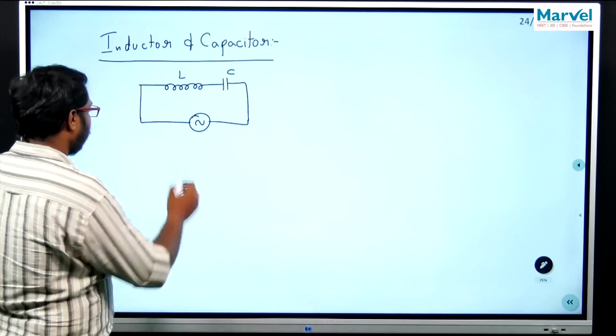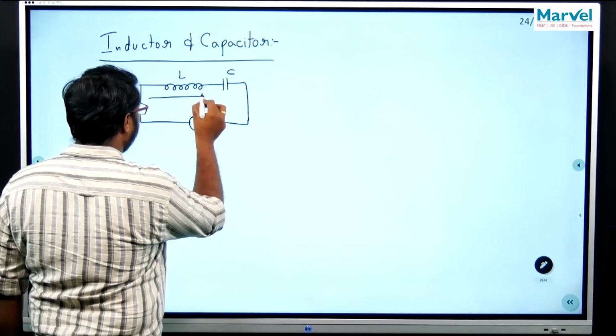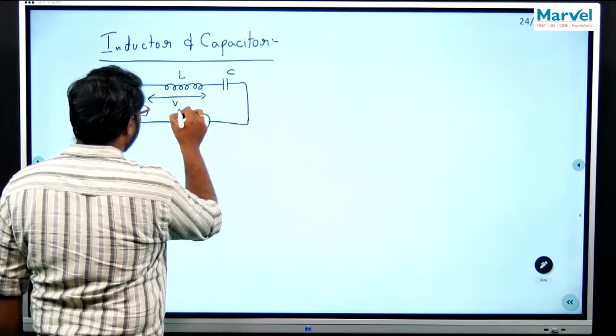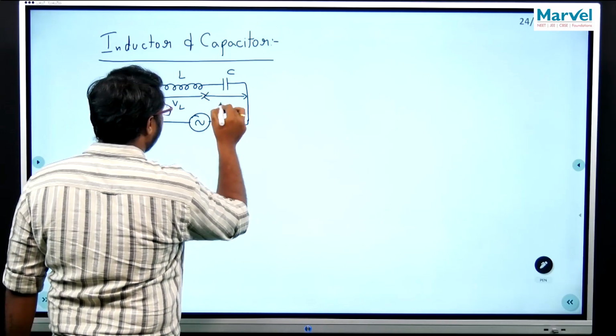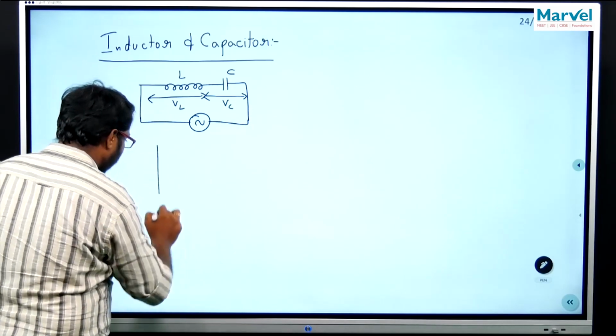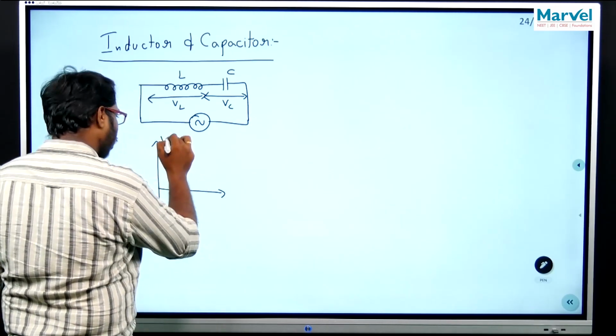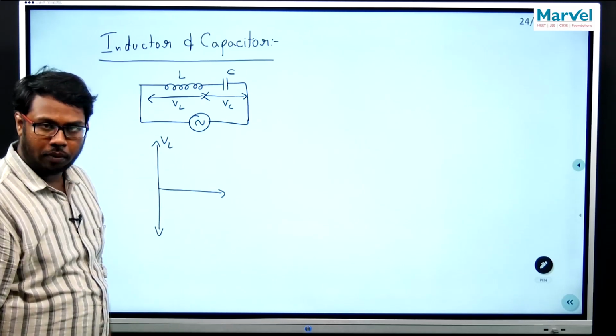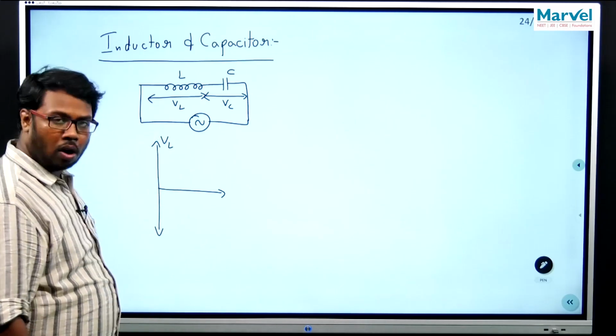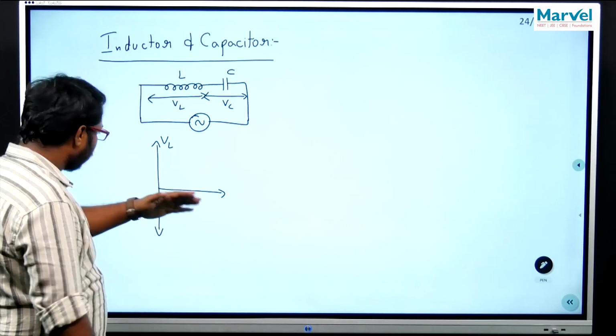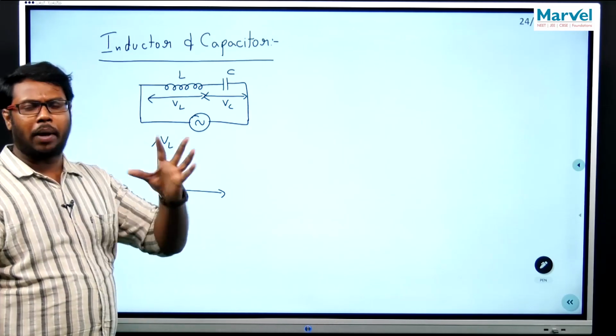Very easy. Again, the current going through them are going to be the same and the voltage drop is going to be different. And if we see this voltage drop on the inductor, the voltage on the inductor is out of phase with the current by pi by 2.